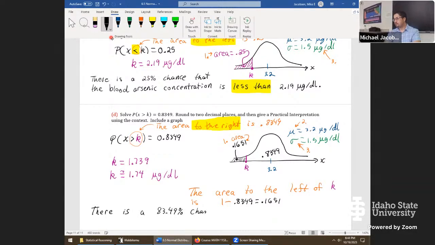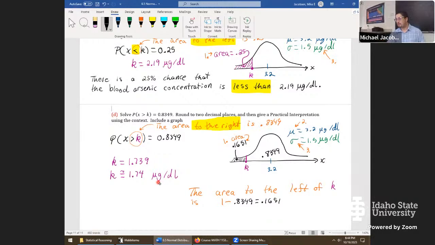You can always say there's an 83.49% chance that the blood arsenic concentration is greater than 1.74 milligrams per deciliter.